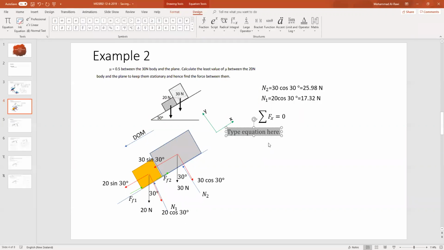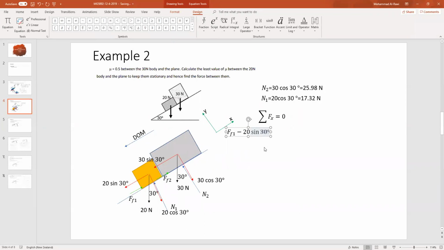So the first equation, what will we have? Let's say here, we have F1, so I'll write that, F1, and then I have minus 20 sine 30 degrees. You can see that I started from that end, minus, and then I move.